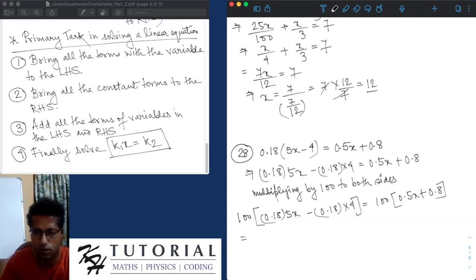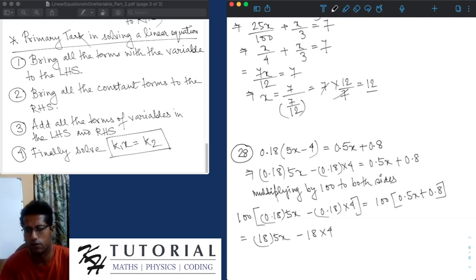Now if I do the product of 100 with the LHS, the 0.18 will become 18. So this will become 18 into 5x minus 18 into 4.